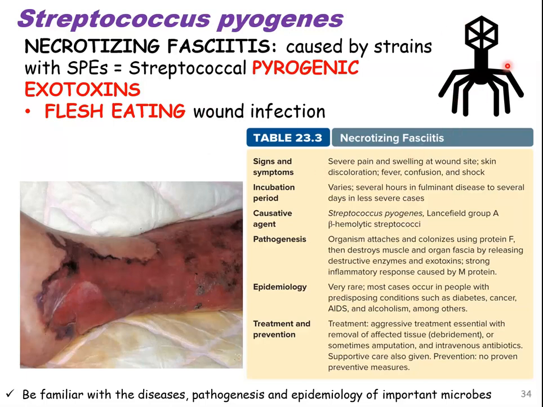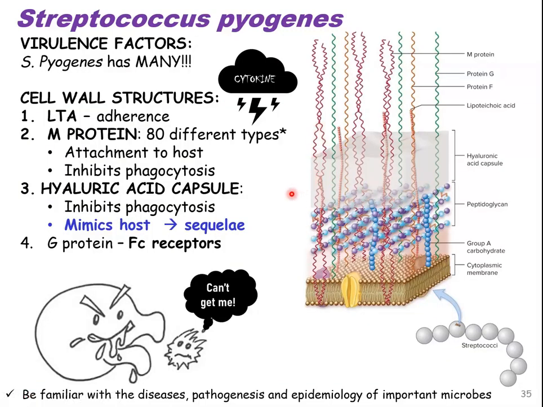And remember, once again, this is going to be a phage-encoded toxin, so not all strains are going to do this. And so you get a release of those destructive enzymes, so it can spread, and exotoxins, and that strong inflammatory response, we get death of the tissues. And this is rare. It's going to occur in your immunocompromised once again. So think AIDS patients, diabetes patients, cancer patients, alcoholics, you're going to see that.